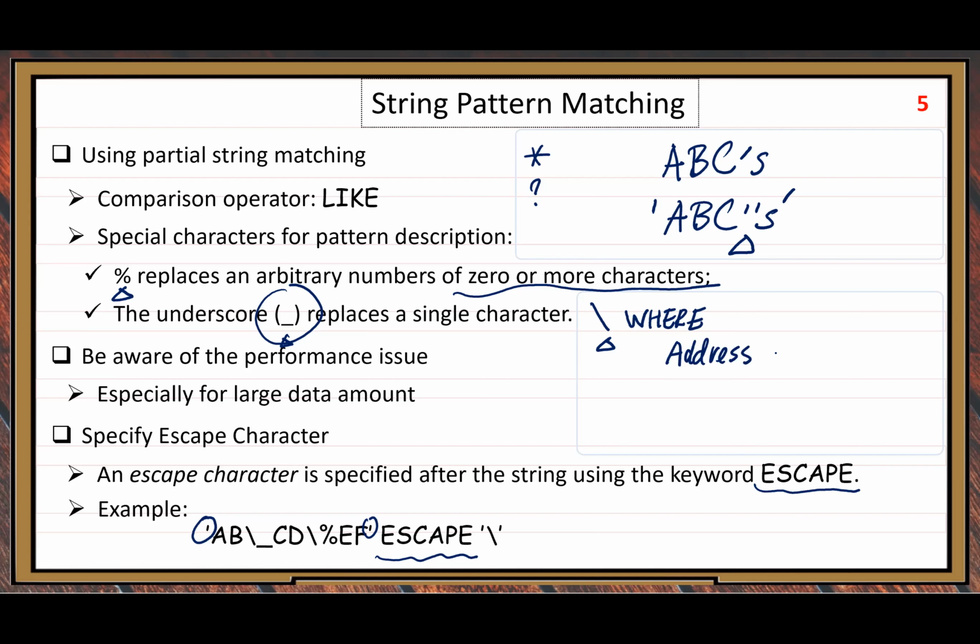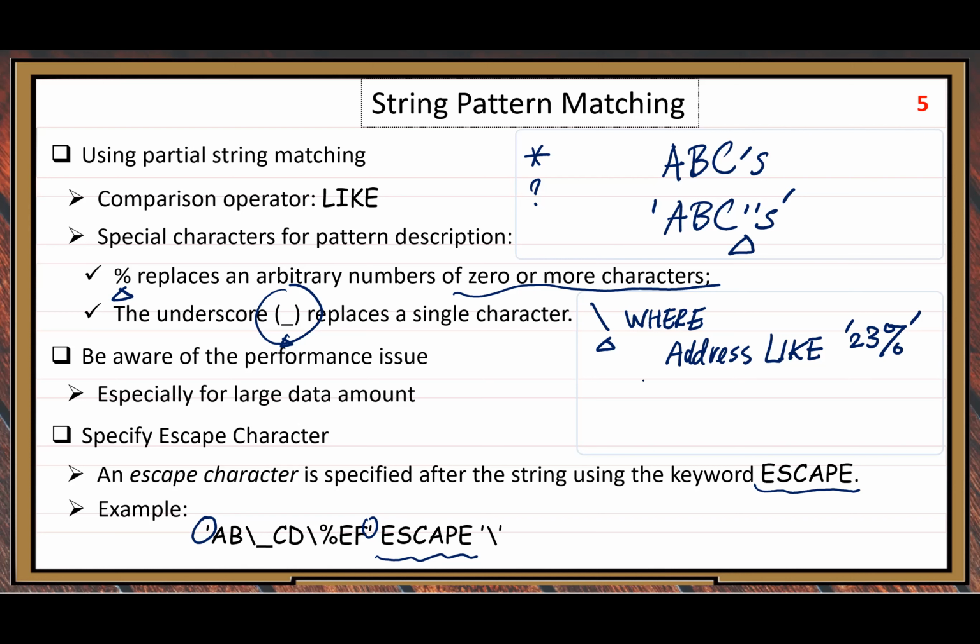Address like, and if we want to pick addresses that start with a street number, because addresses usually start with a street number, say 2, 3, then the remaining zero or more characters with the percent sign. So that's one example.